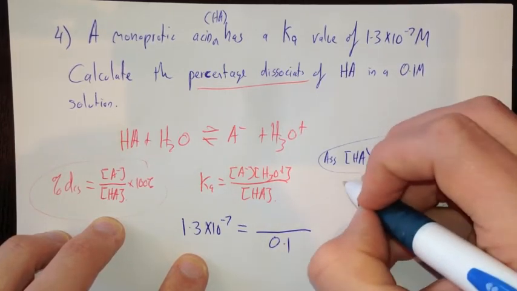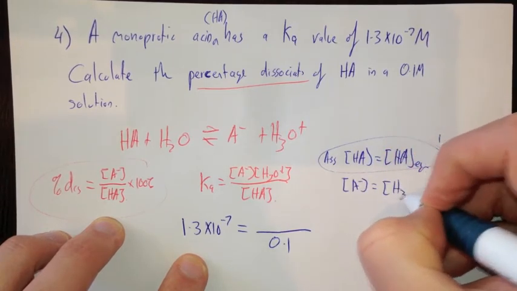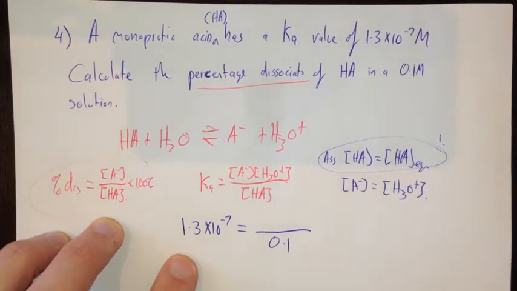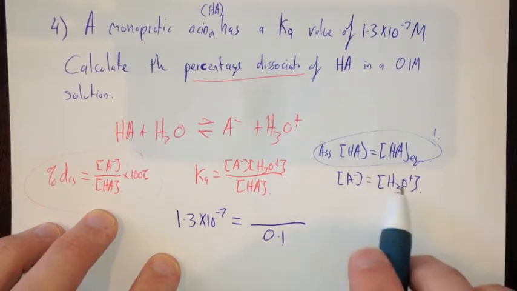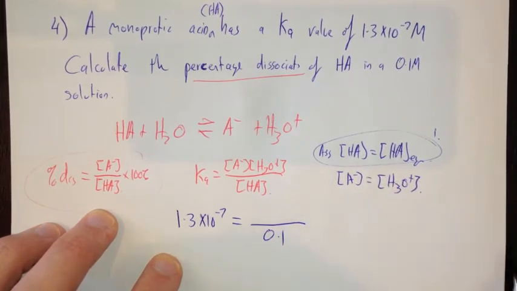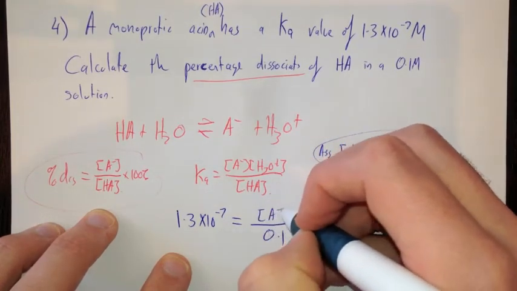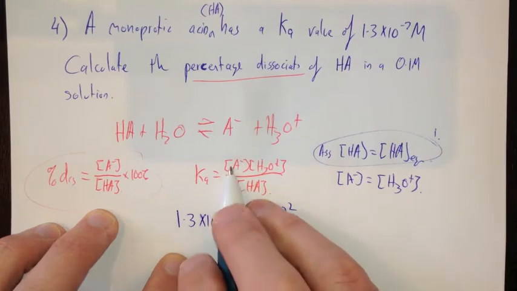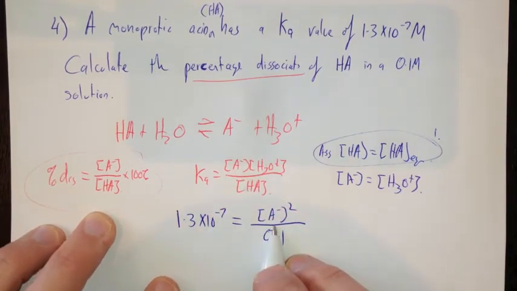Our second assumption is that the concentration of A minus equals the concentration of H3O positive. So we assume that these two are equal. That means we have the concentration of A minus squared, because these two are the same, so concentration of A minus squared equals that.